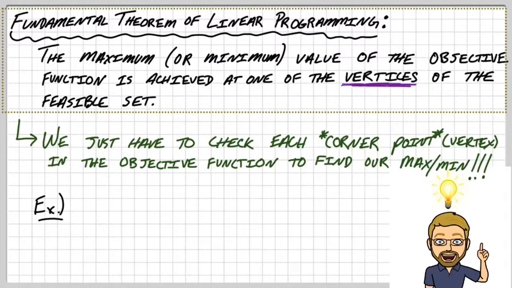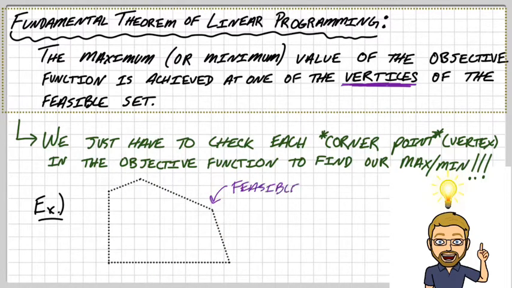So for a brief little visualization of that, let's say we throw together a little feasible set. Looks like this. So let's say that little open area there is our feasible set. We did all the graphing, all the shading. We just have this weird little shape, and we want to know which point is going to give us the maximum profit.